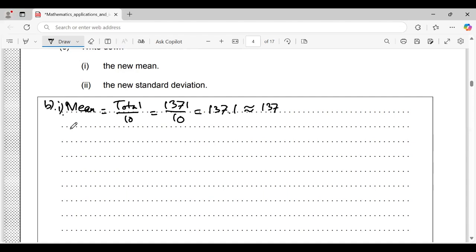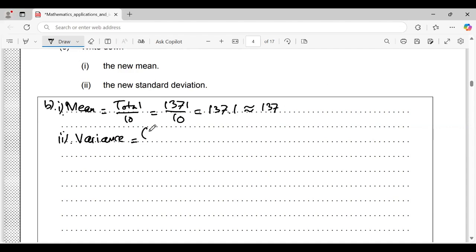And for the standard deviation, we need to find the variance first. But if you have a calculator, you can use your calculator to find it. But I'm going to explain the variance as data minus mean.